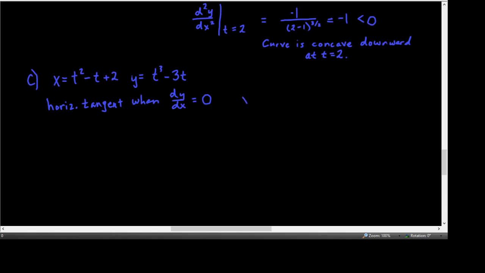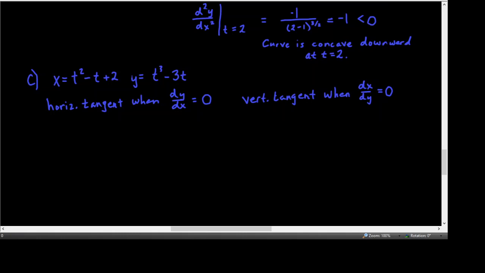And you have a vertical tangent when dy dx is undefined. Another way of saying that is when dx dy, its reciprocal, is 0, because the reciprocal of 0 would be undefined. And so that's what we're going to be looking for.